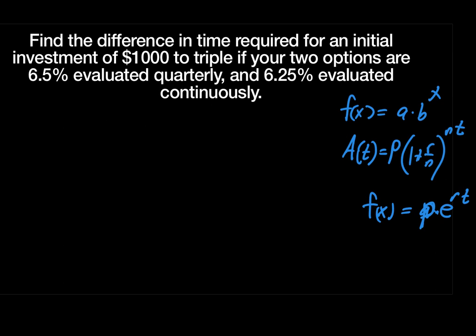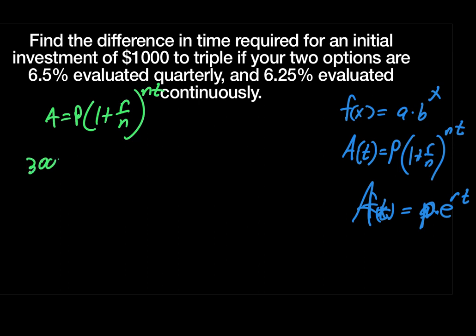P is principal, f of x, or in this case, A of t, is equal to. So if I start with the quarterly, I would start and say A equals P times 1 plus r over n to the nt, plug in some numbers.